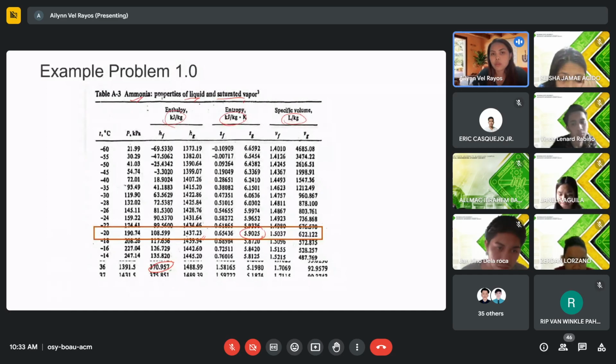Take note that this table is only for saturated liquid and saturated vapor; for superheated, you will not look here. HF is for fluid or liquid, HG for vapor or gas.